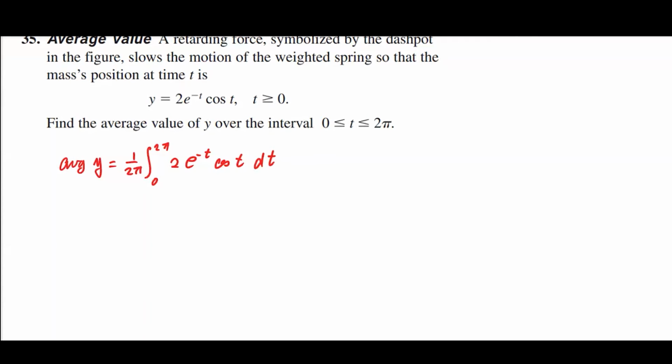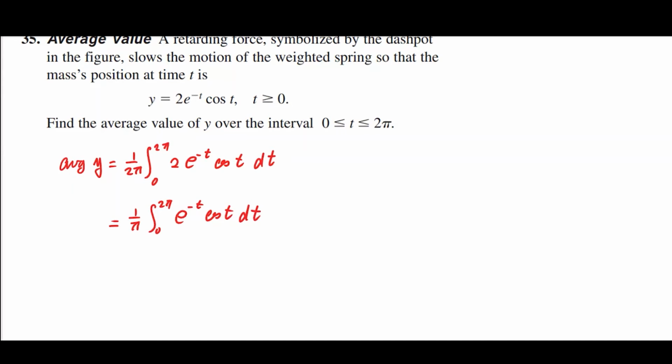Okay? Say yes. Okay then. Well, at least this thing you cancel. So 1 over pi, integral from 0 to 2 pi of e to the negative t cosine t dt.